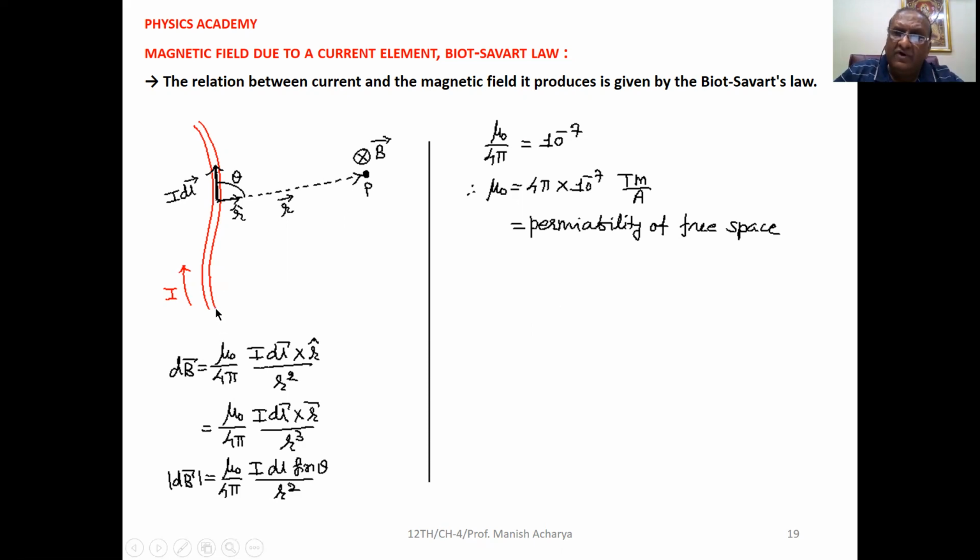For each and every small current element considered for this conductor, the magnetic field at P is calculated, and then if we take the vector summation of all those fields, we will get the resultant magnetic field at point P. For that, we have to take integration of this equation over the given conductor. Clear to all of you?